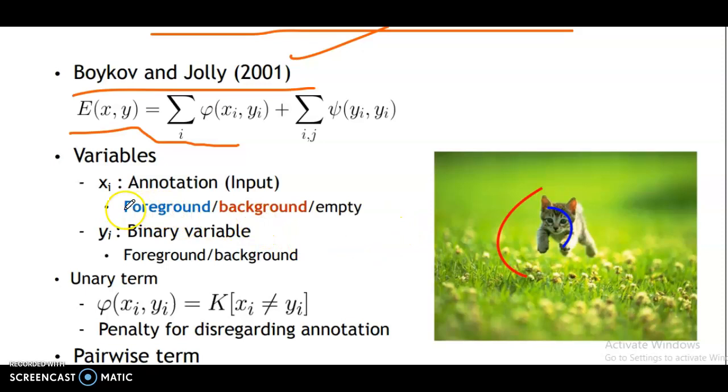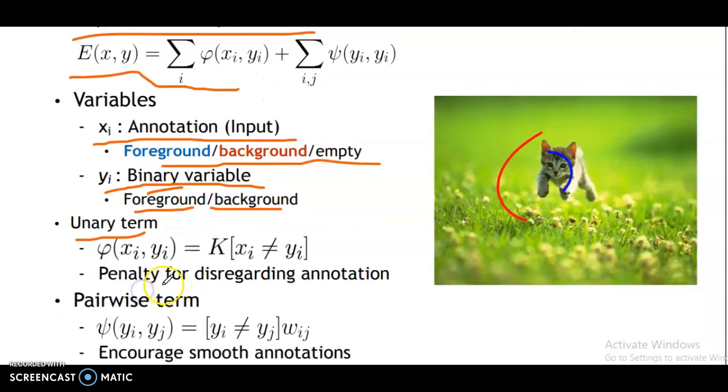Variables: xi are annotations, the input, foreground, background, or empty. Yi is the binary variable, foreground or background.